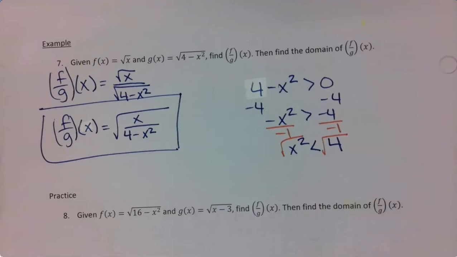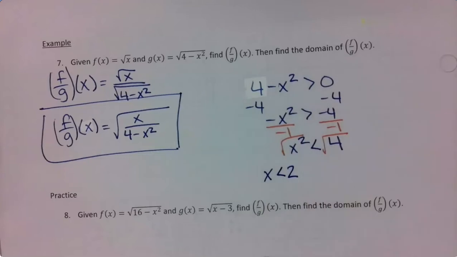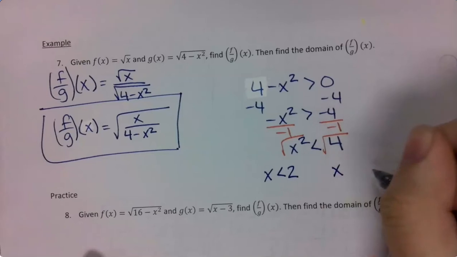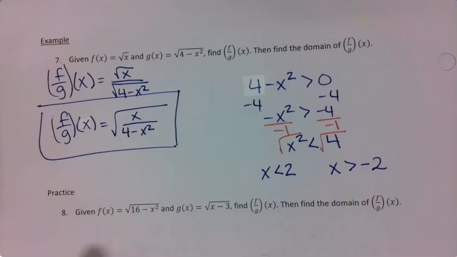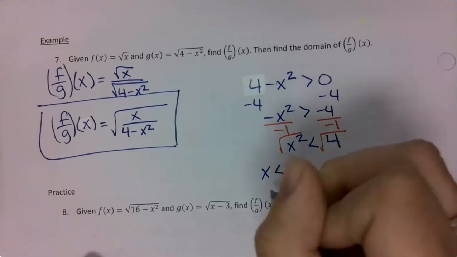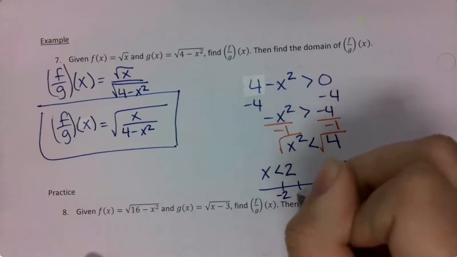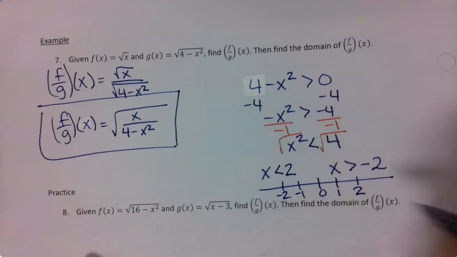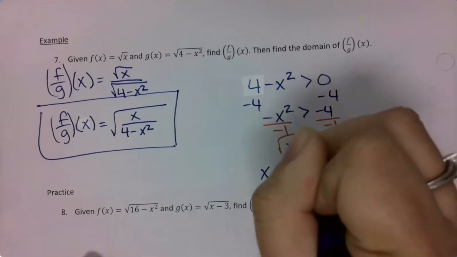So when I square root, this is going to give me two inequalities. I'm going to have x is less than 2, because I have the positive one. And then I'm going to have x is greater than negative 2. If I think about this on a number line, less than 2 goes to the left.